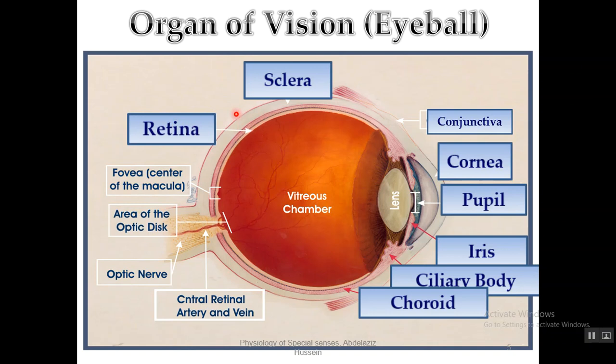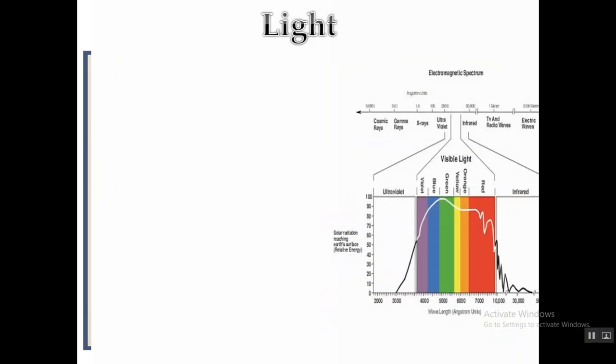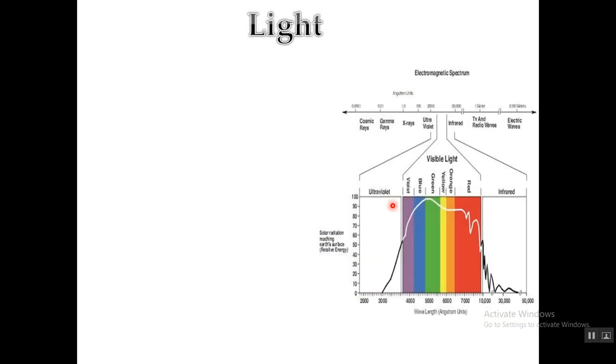So these are the layers of the eyeball, and the second part beside the wall is the cavity. We have two cavities in our eyeball: the vitreous chamber, and the aqueous humor chamber. Between the aqueous chamber and the vitreous body, we have a transparent structure called the lens. This is briefly the structure of the eyeball.